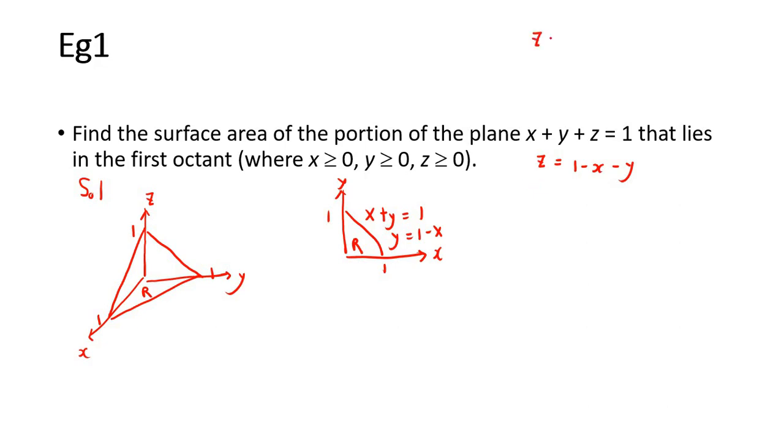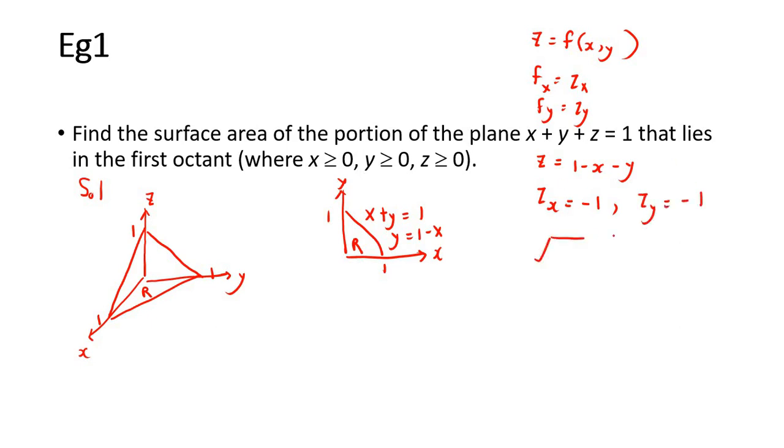Since z is a function f(x,y), fx equals zx and fy equals zy. Differentiating with respect to x, you get zx = -1. zy is also -1.